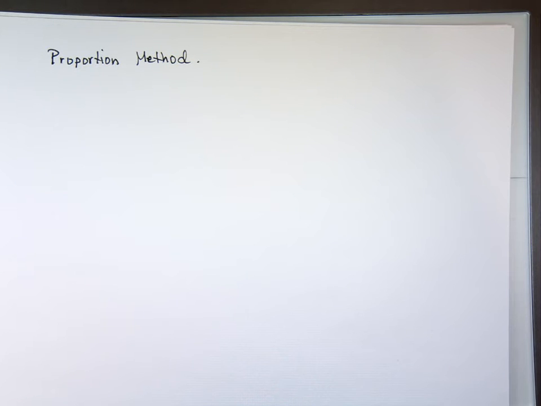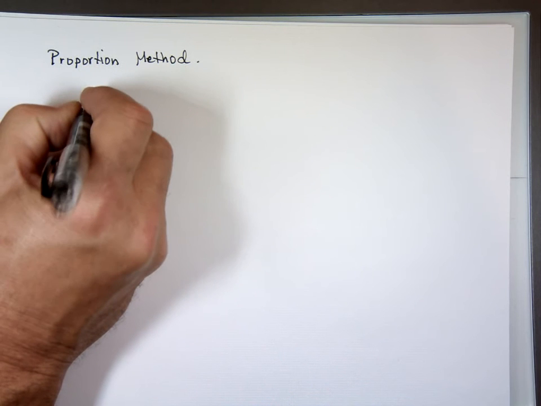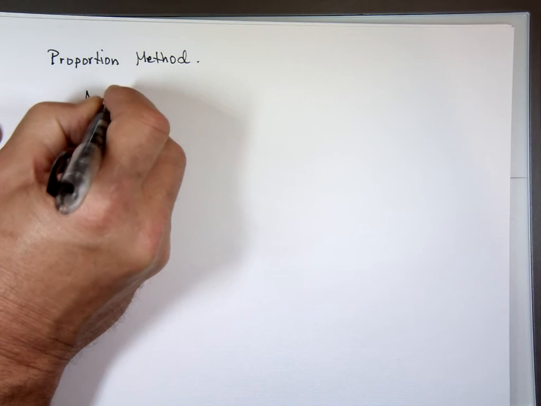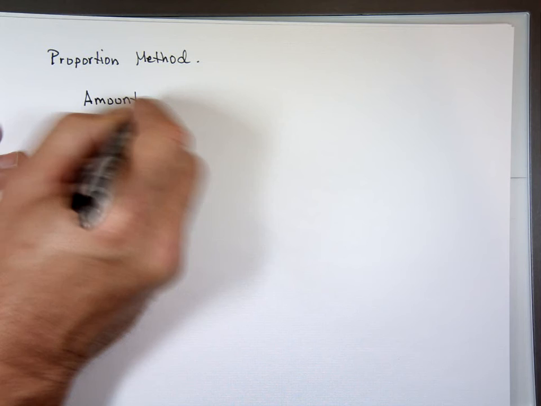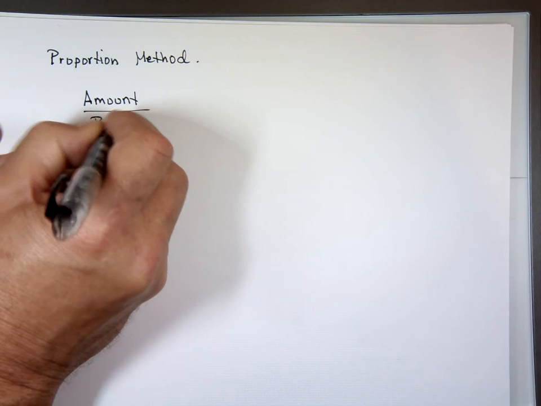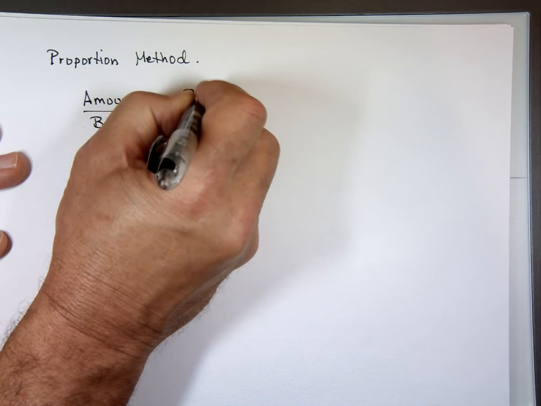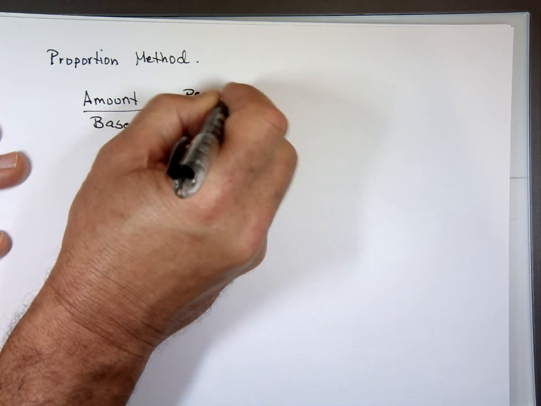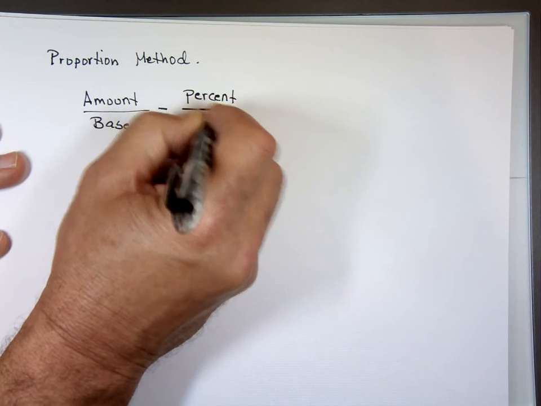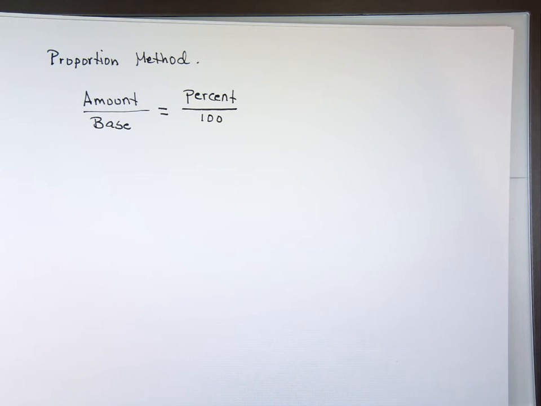So we are going to be using proportion. It is the ratio of the amount to the base is always the same as the percent to 100. Always. That's the proportion.